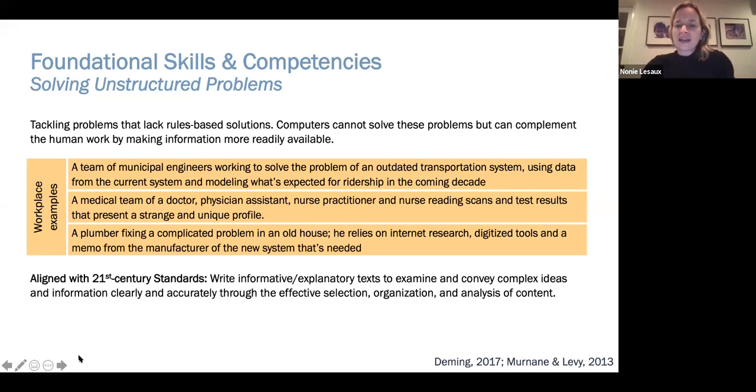In all of these cases, there are some 21st century educational standards at play, right? We're writing informative and explanatory text either to convey or examine some complex ideas. We're looking at information clearly and actively through to effective solutions. We're organizing, we're analyzing content.